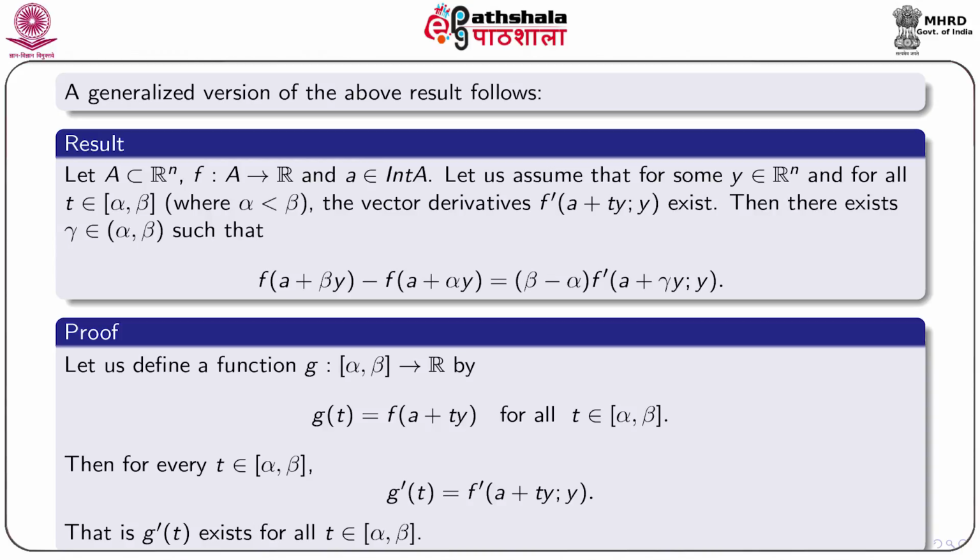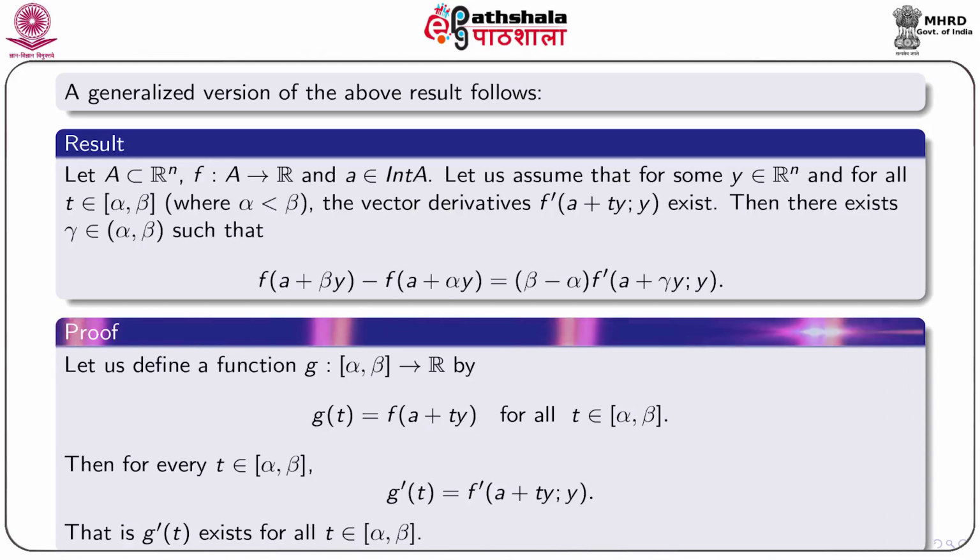We take alpha less than beta so that the interval is non-degenerate, that is, it is not a singleton set. Then there exists a gamma in the open interval alpha to beta such that we can express f of a plus beta y minus f of a plus alpha y equal to beta minus alpha times the vector derivative f dash a plus gamma y y.